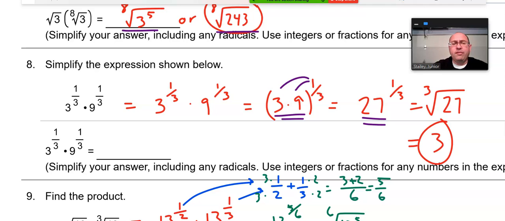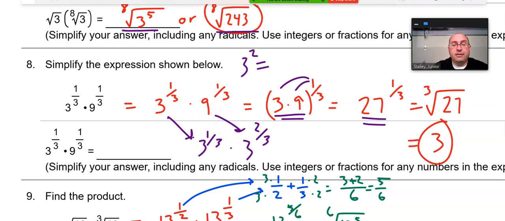Now, if you wanted to go down a different road, I don't know why you would want to do this, but we could. We leave this alone. We got 3 to the 1/3. We could change this to 3 to the 2/3. Now, why would we do that? Well, that's because 3 squared is equal to 9.